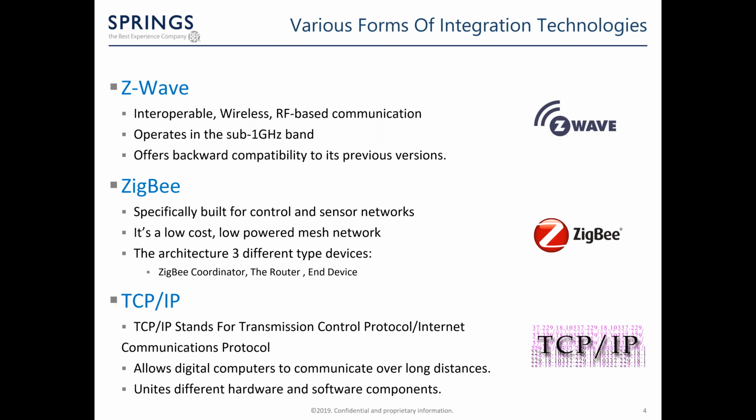Because it's so widely supported, TCP/IP is ideal for uniting different hardware types and software components. This technology can be run over DSL, cable internet, dial-up, or even optical fiber lines. You can even use TCP/IP technology if you don't communicate over the internet.